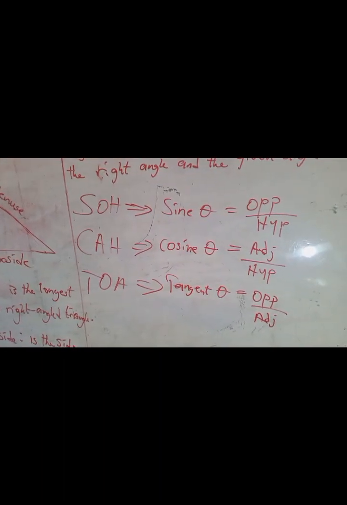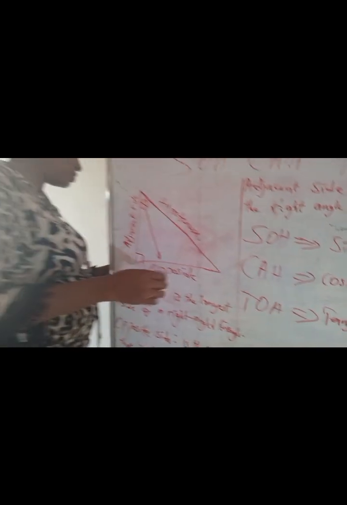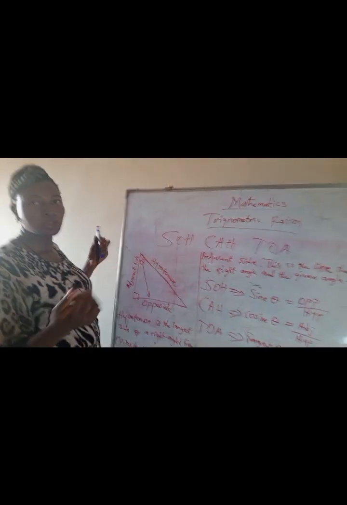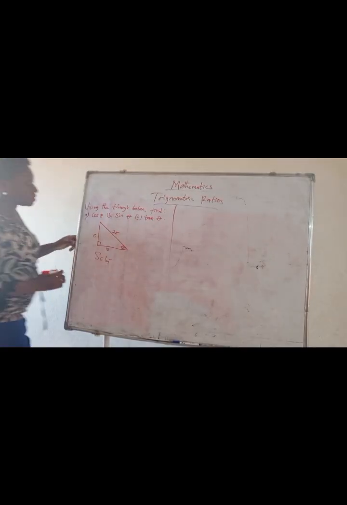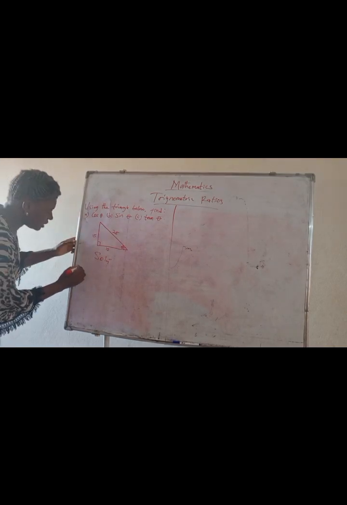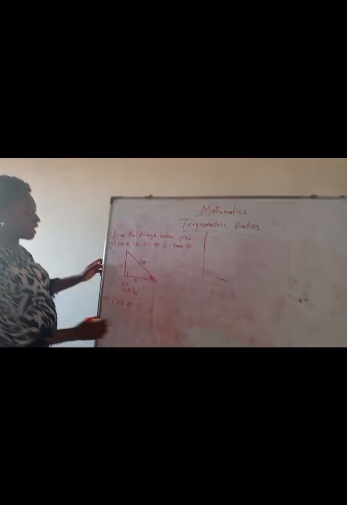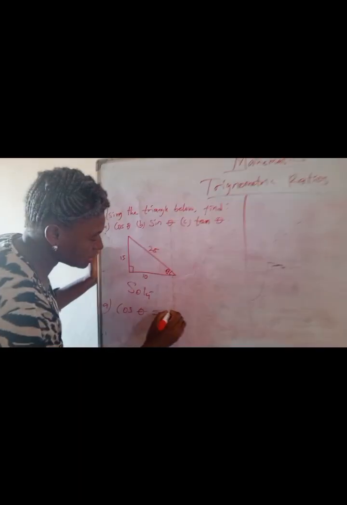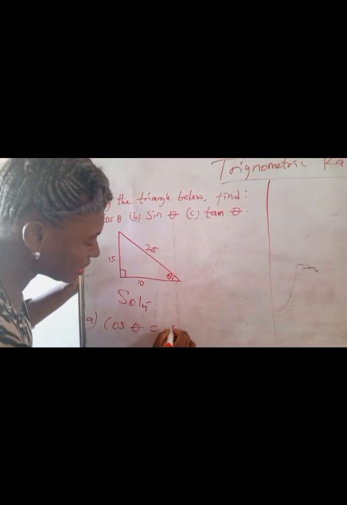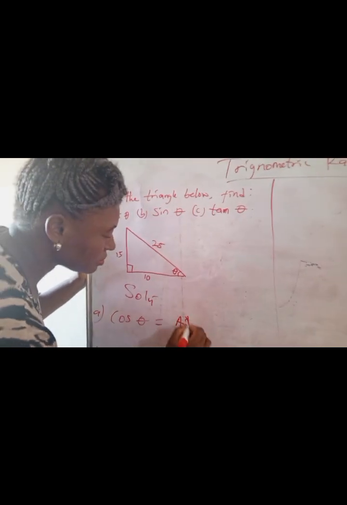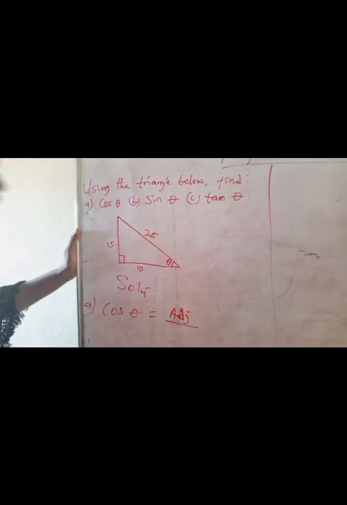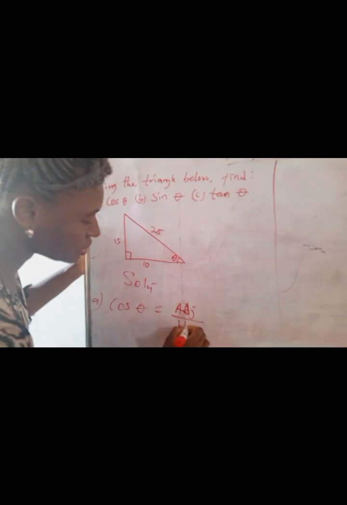Now let's have a question. We have cos theta. Cos theta is what? CAH. That is adjacent over hypotenuse.